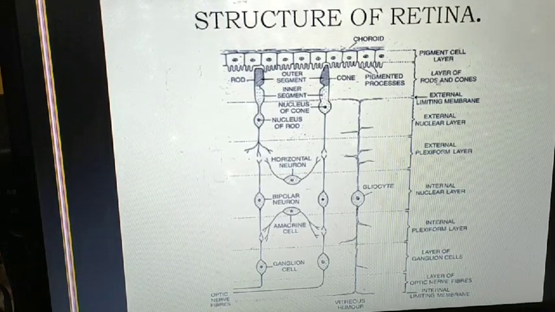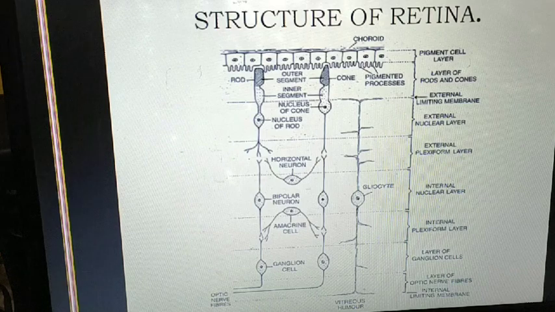The next layer is the layer of rods and cones. It is made up of the processes of the rod cells and cone cells. There are about 110 to 125 million rods and 6.3 to 6.8 million cones in the human retina.